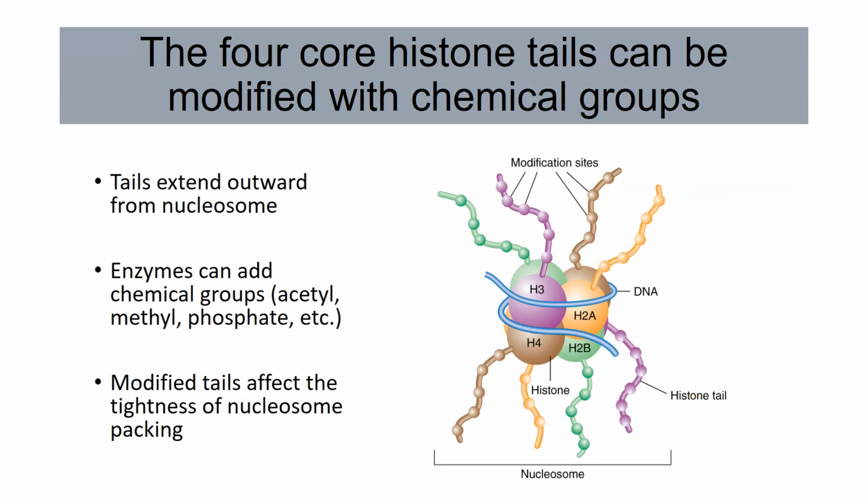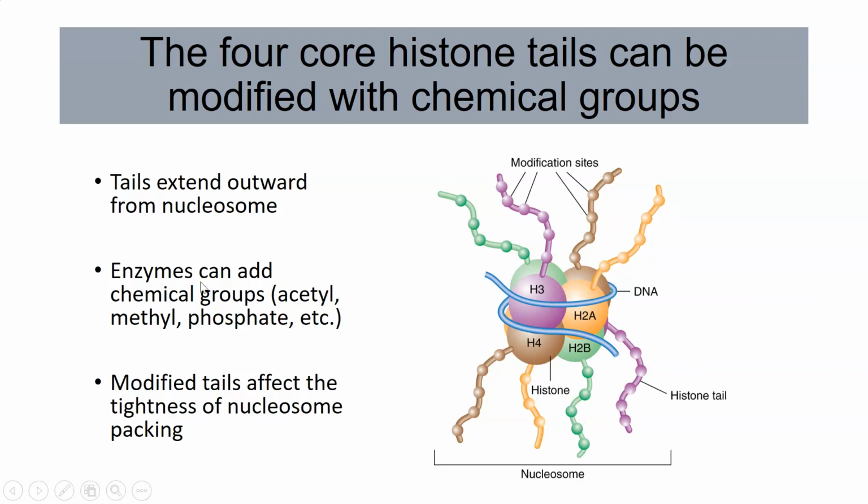All right, the other type of epigenetic modification is enzymatic modification of histone tails that are protruding from a nucleosome core. All of the histones project these tails, short segments of the protein sequence, and these contain many sites that can be modified enzymatically.